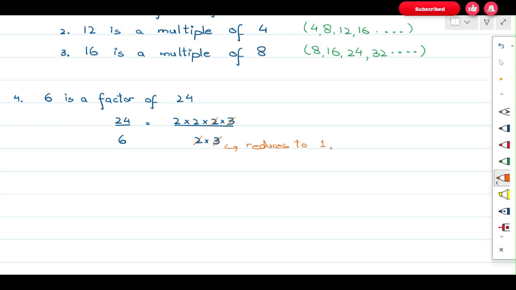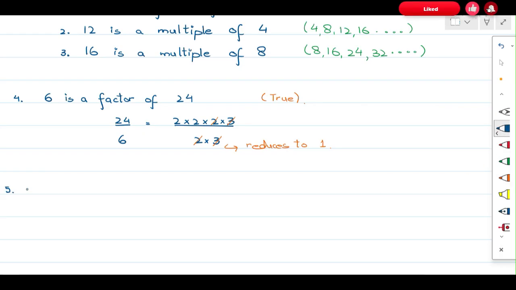Whenever the denominator reduces to 1, we can say that yes, 6 is a factor of 24. So this is true. You can also check factors and multiples with the help of prime factorization. I'm doing these examples using the method of prime factorization.